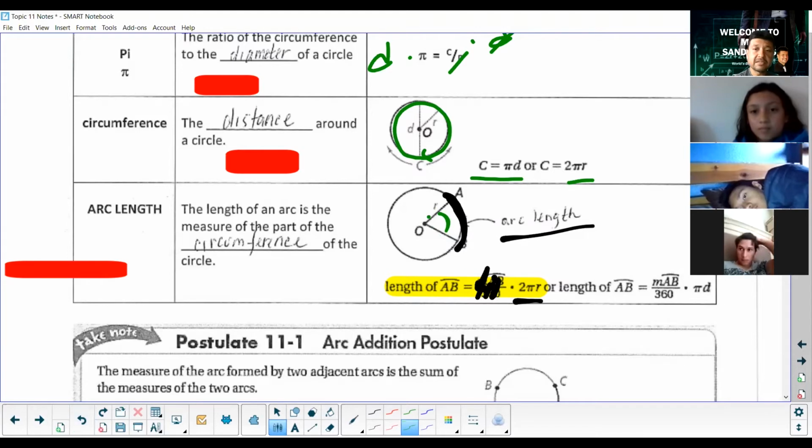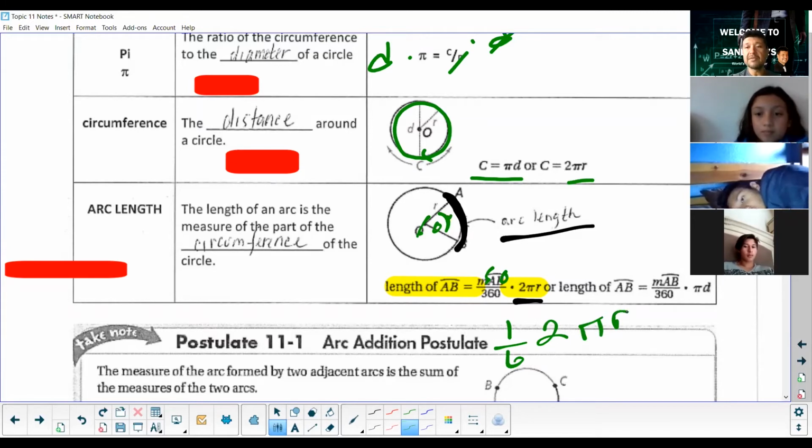Let's say that this was 60 degrees. This is when this takes effect, because you only want 60 degrees out of the 360, and you'll get a percentage. Like in this case, you'll get that you're only looking for 1/6 of the total circle. So you basically eliminated everything I just erased.